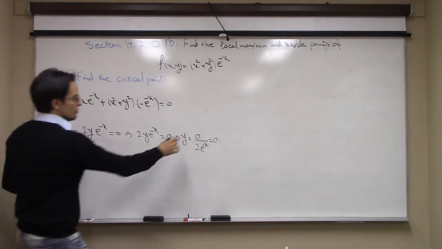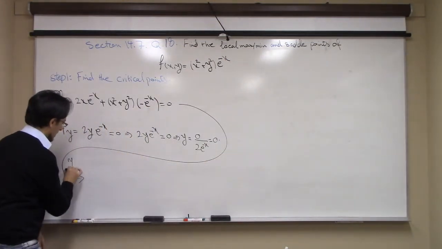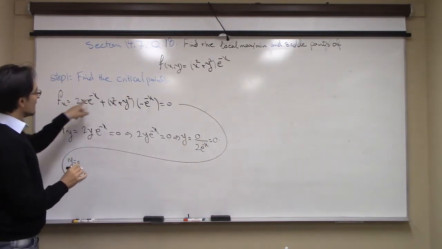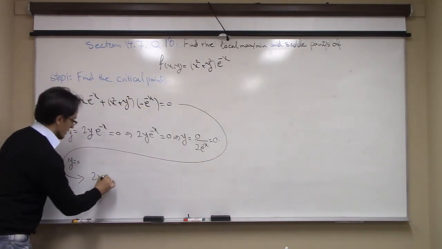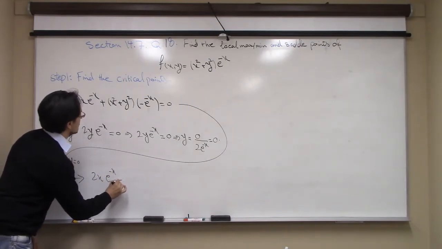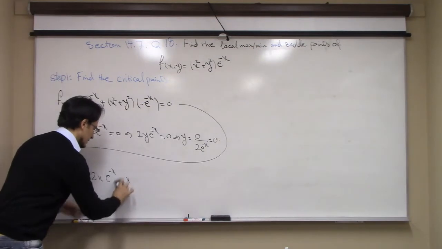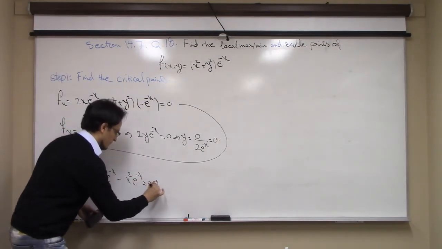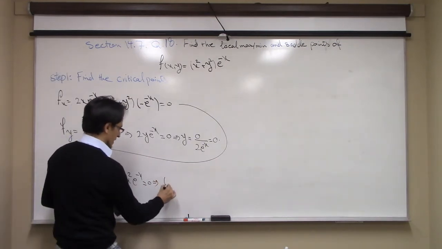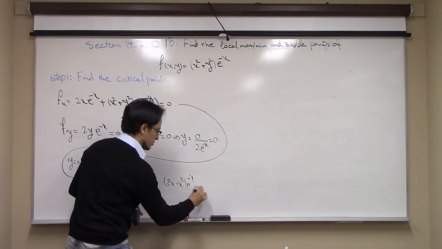Then I can use this fact, y is equal to 0, and plug it in here, which gives me 2x e to the minus x minus x squared e to the minus x is equal to 0. So I can factor out e to the minus x: (2x minus x squared) e to the minus x is equal to 0.